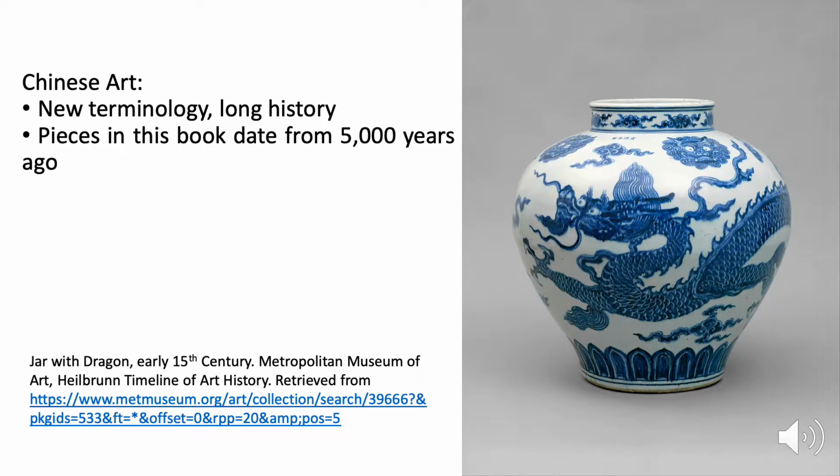This is Jar with Dragon. We're going to be using a lot of images from the Metropolitan Museum of Art in New York City's wonderful Heilbrunn Timeline of Art. They have gorgeous images, and I highly recommend using that as a resource for your projects later this semester. So, this is a 15th century piece.